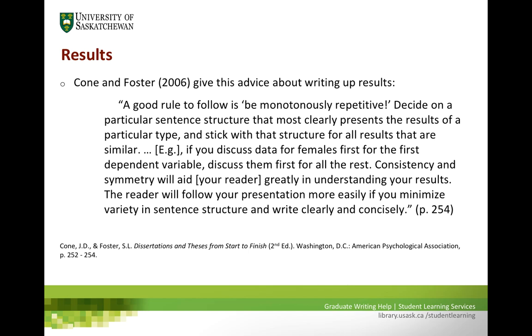For example, if you discuss data for females first for the first dependent variable, discuss them first for all the rest. Consistency and symmetry will aid your reader greatly in understanding your results. The reader will follow your presentation more easily if you minimize variety in sentence structure and write clearly and concisely.